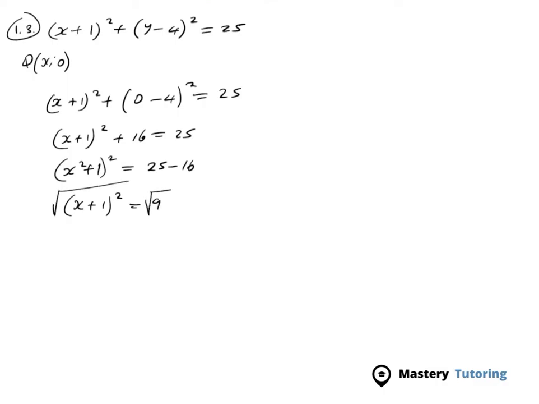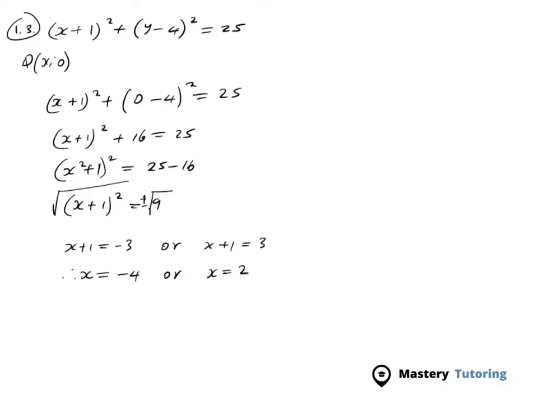Therefore, put a square root sign on both sides, plus or minus the square root of 9. And therefore, x plus 1 is equal to -3, or x plus 1 is equal to +3. Therefore, we solve for x. x is equal to -4, or x is equal to 2.